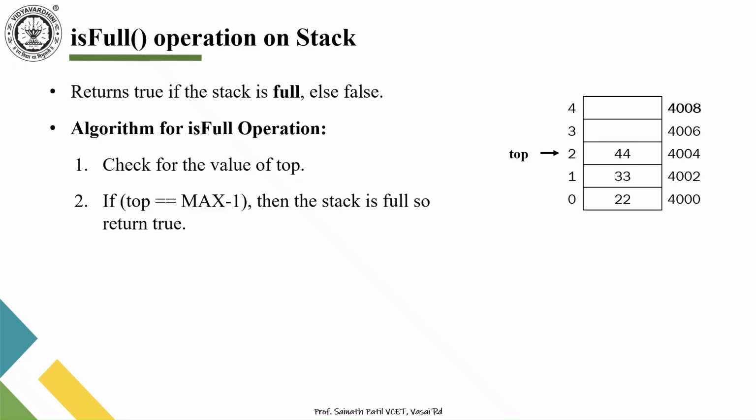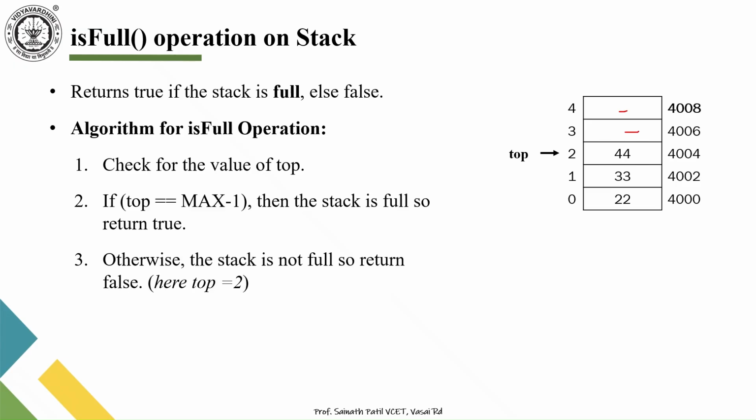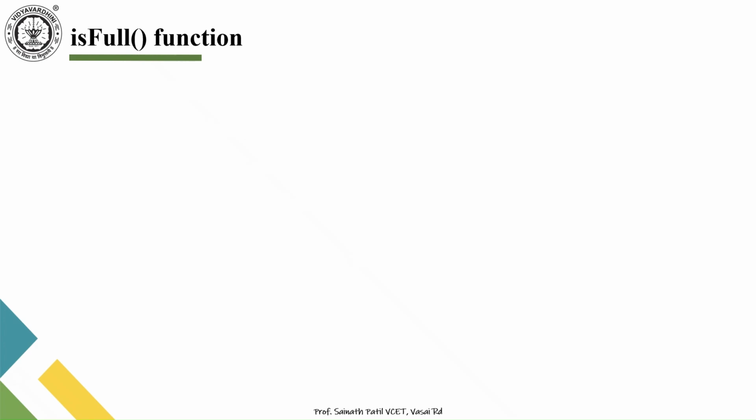So if the situation is like this, we will return true, that means stack is full. Otherwise it may be pointing to 0, 1, 2. Now in this case it is pointing to 2. So some spaces are empty on the stack. So in this case stack is not full, so we will return false. So similarly, the isFull function can be written in C. First is int isFull, that is the name of the function.